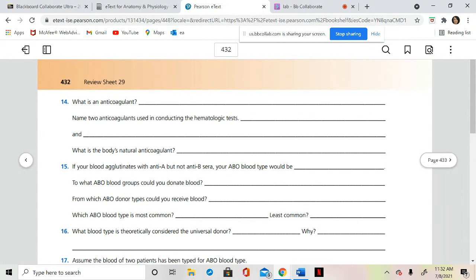But if you are group AB, you can receive blood from A, B, and O. You can receive it from all of them. So you are the universal receiver, even if you are the less common, AB. Okay?